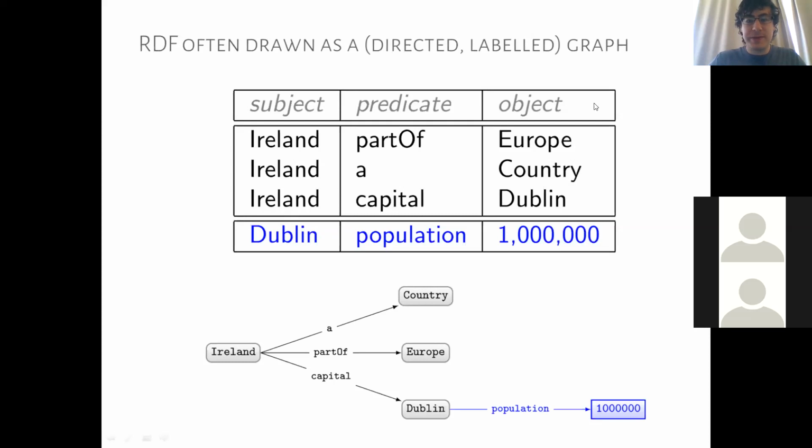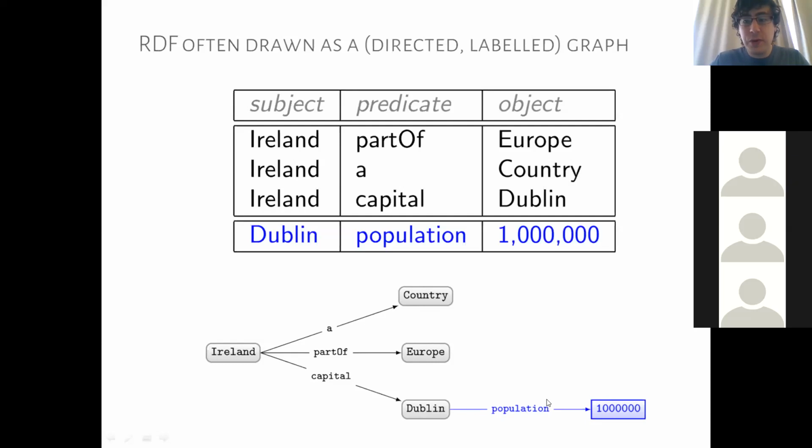We can draw these triples as a graph where every triple essentially denotes a directed labeled edge. So we have a directed labeled edge between all of the nodes in the graph. So here we see that adding a new triple essentially adds a new edge in the graph, which may be between two new nodes or with one new node, or might have 0 new nodes. It might be an edge between two existing nodes.